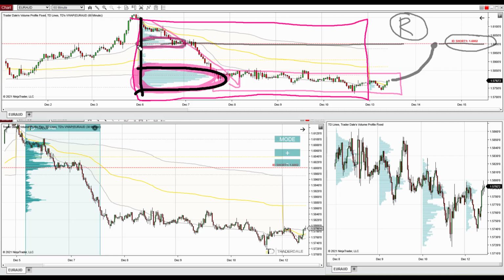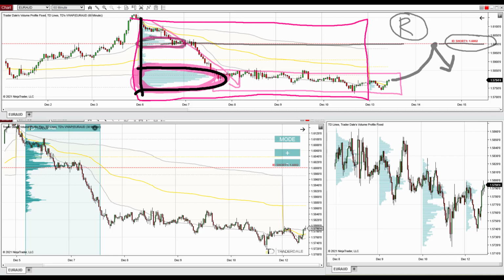Those sellers will want to add some more to their shorts there. This is a significant liquidity zone, and also this is a zone where they placed a lot of their short positions. So they'll want to defend them and push the price downwards from there again, right? This is the whole logic behind this setup and behind the way to trade that B-shaped volume profile.